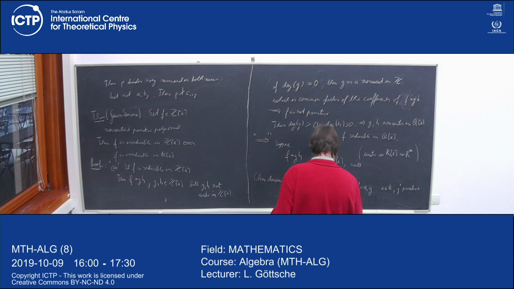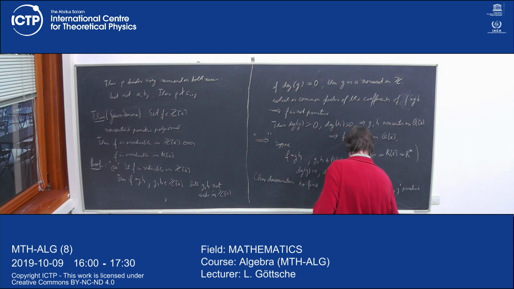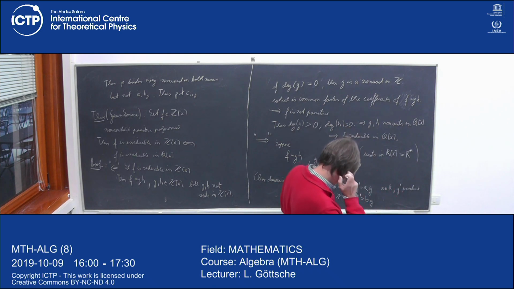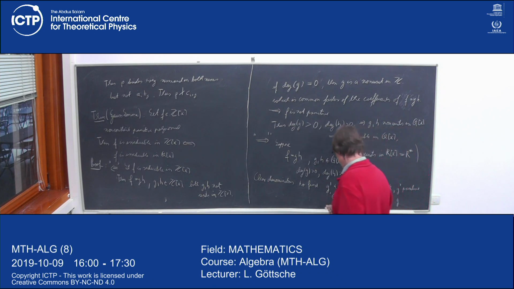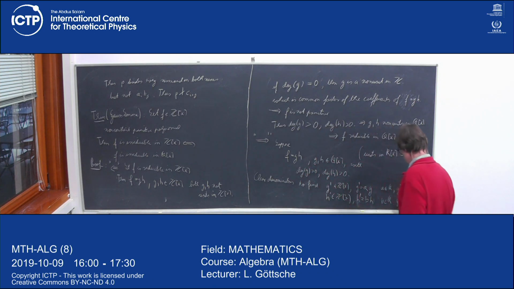In the same way, find H prime in Z[x] such that H prime is equal to B times H, with B in Q, and H prime is primitive.